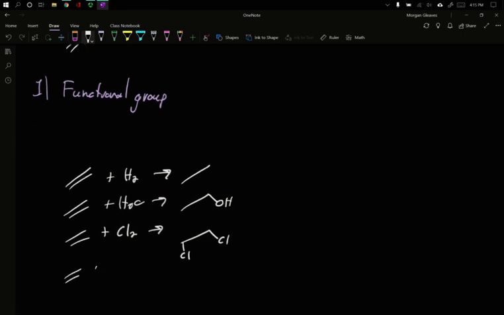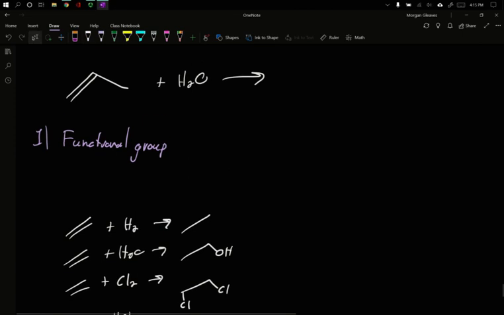And I had that a double bond plus a haloacid could become haloalkanes as well. So these were the reactions we had for double bonds. Which of these might apply here? Well, only one of them uses water. So most likely, if I have a double bond plus water, I am forming an alcohol.